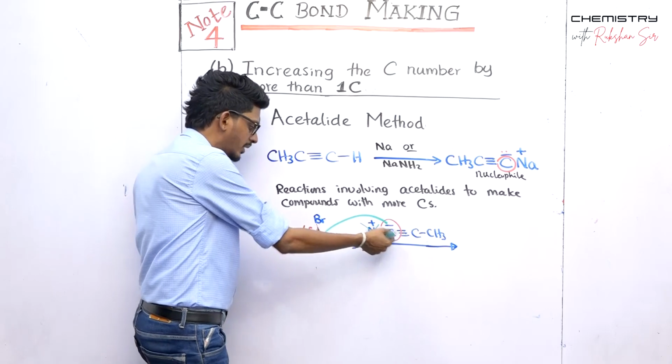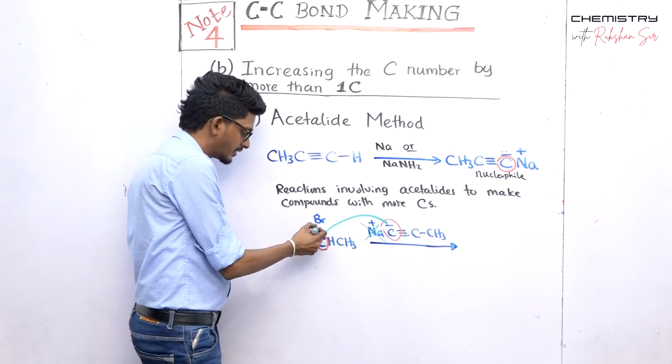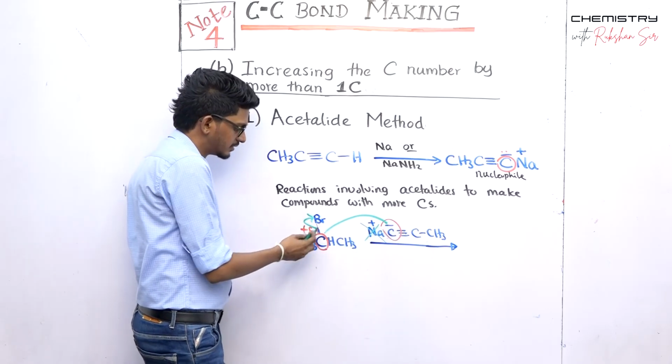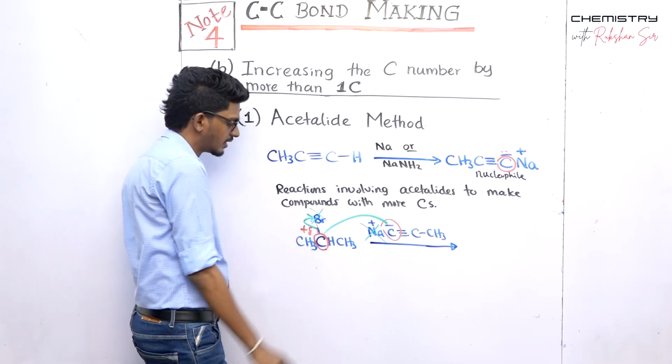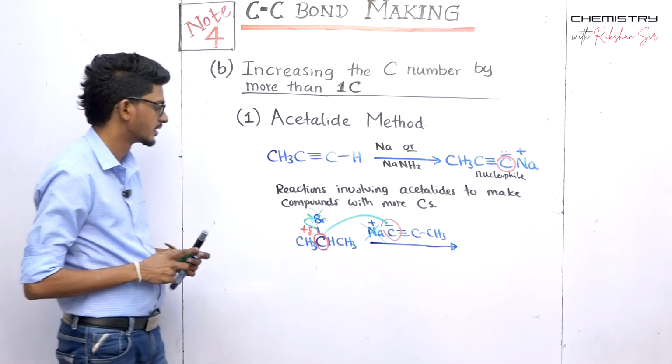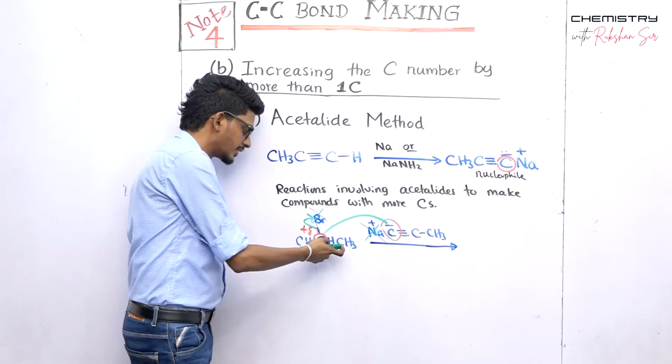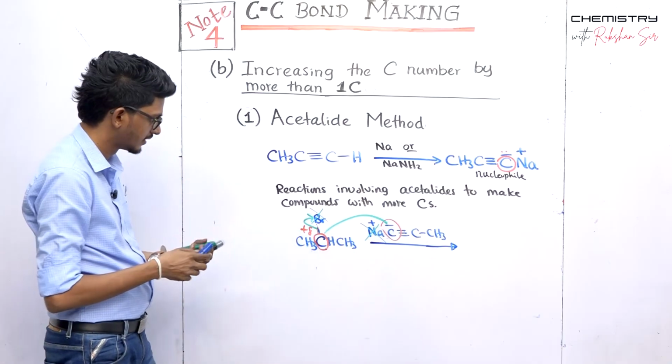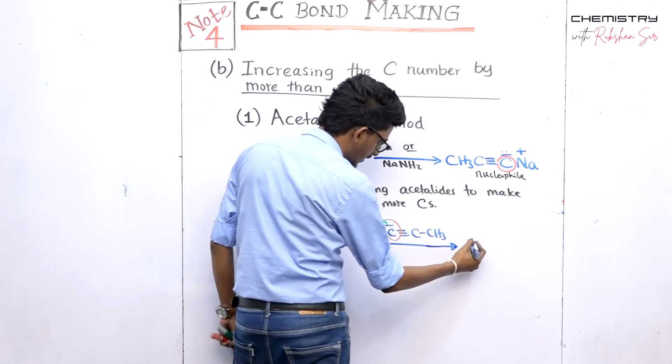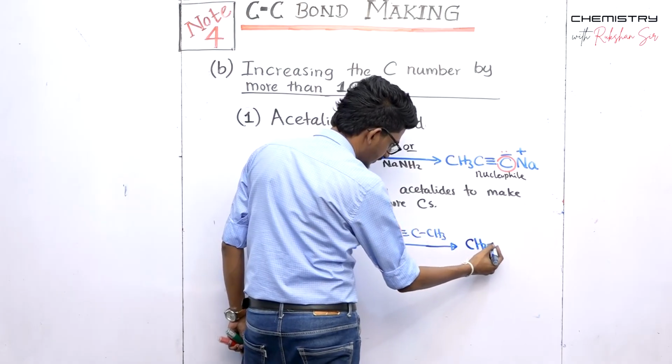As this carbon is forming a bond with this one, this halogen will leave. The halogens are very good leaving groups. When this carbon connects with this carbon, this halogen will leave. See how the compound looks ultimately. CH3 is there.